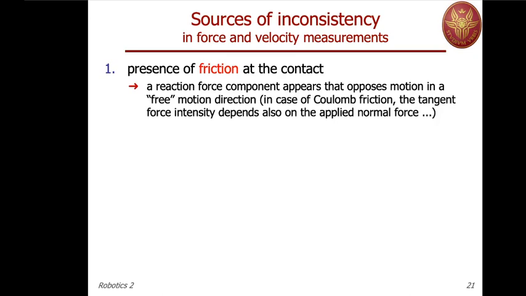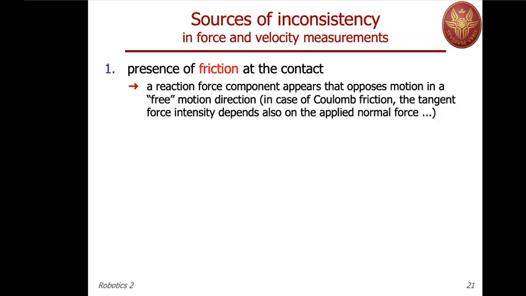Typically, in the free motion direction, which is tangent to the plane in the previous experiment, we measure a force that comes from the interaction, a reaction force that opposes motion in general, although there should be none if the environment was perfectly geometric, with zero friction at the contact and correct geometric orientation.